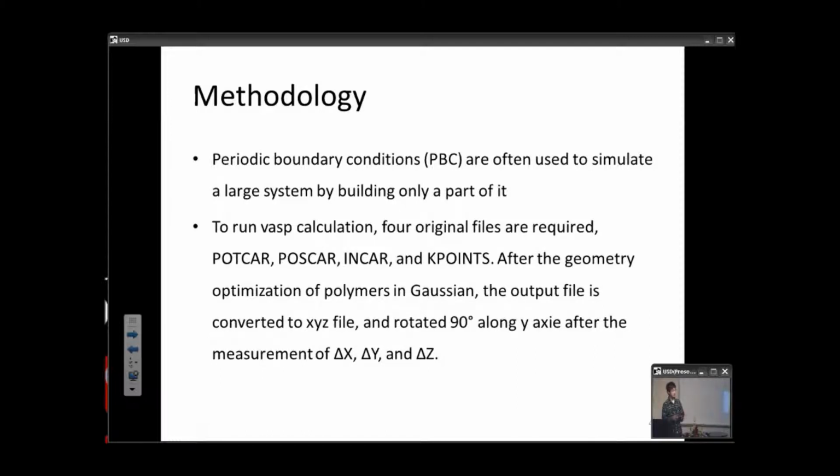Basically, we didn't work on the whole polymer because it's such a big polymer. So we just focus on one of the units and use the VASP calculation, making the original file for VASP.